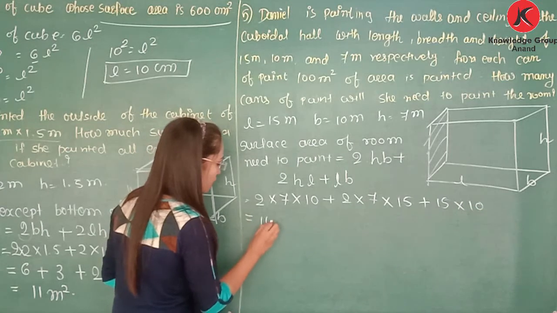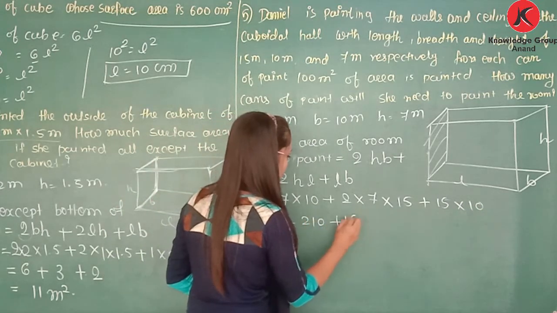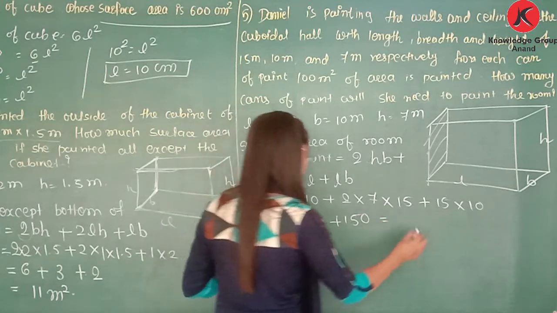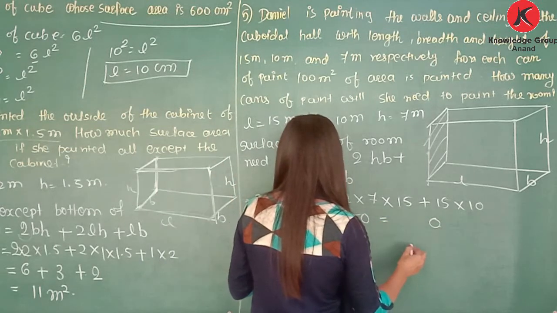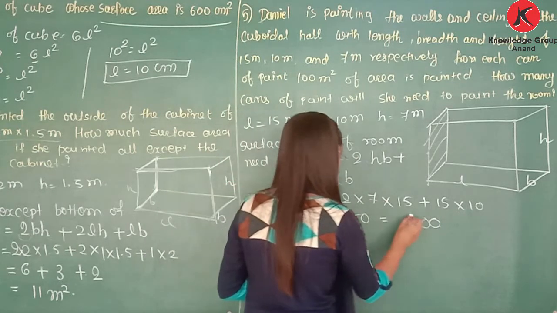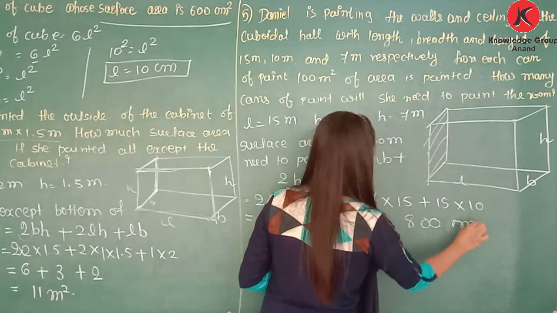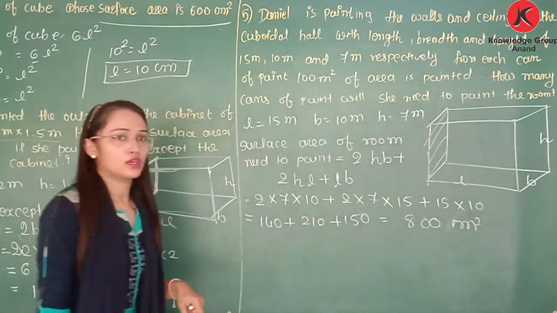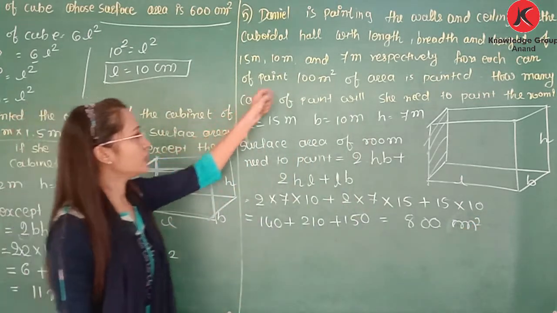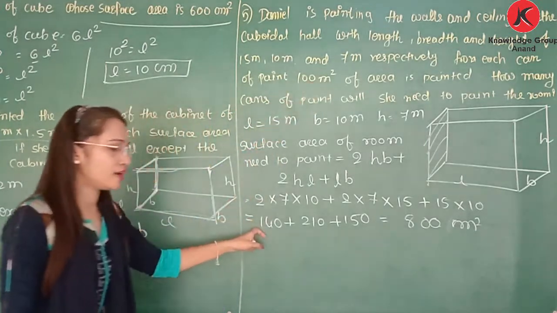So here 140 plus 210 plus 150. So that will give 500 meters.